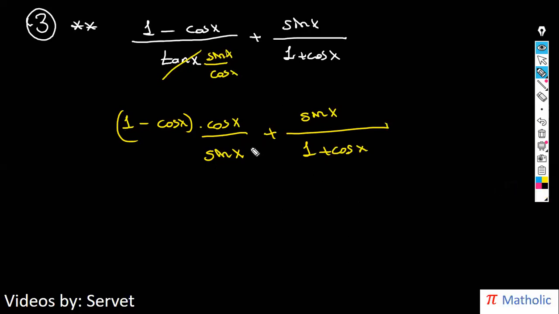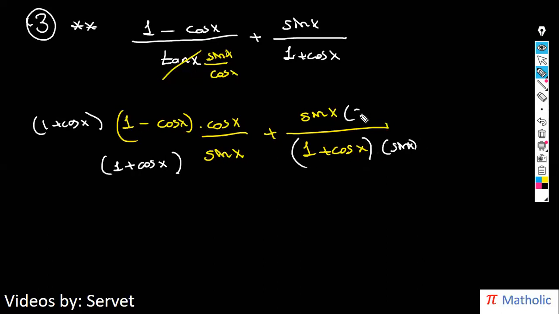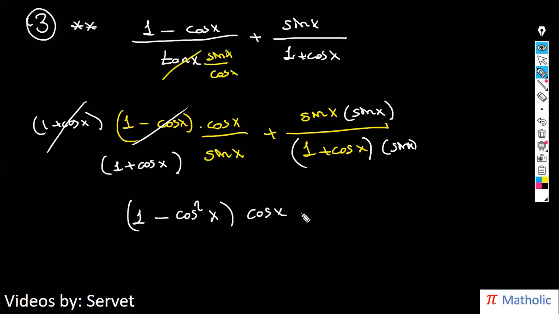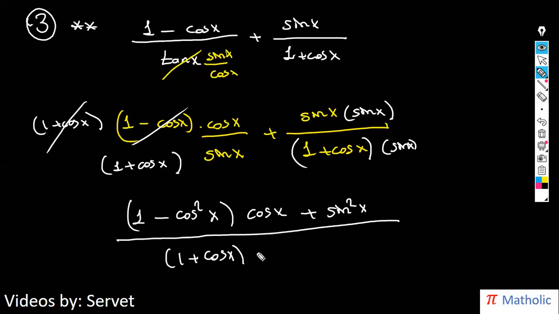So right now, we can equalize denominators, which means I'm going to multiply this by 1 plus cosine x, this by sine x. So 1 plus cosine times 1 minus cosine is 1 squared minus cosine squared times cosine plus sine squared over 1 plus cosine times sine.